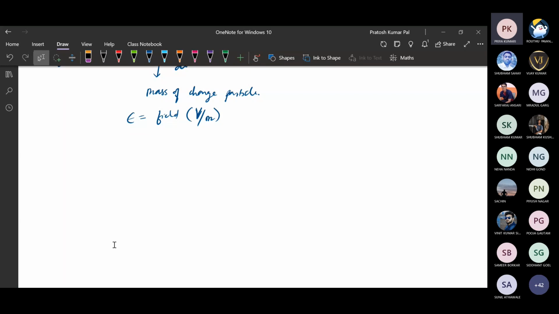So in this topic we will be dealing with potential. We will be going through this concept again and again, so we need to know what a potential is.